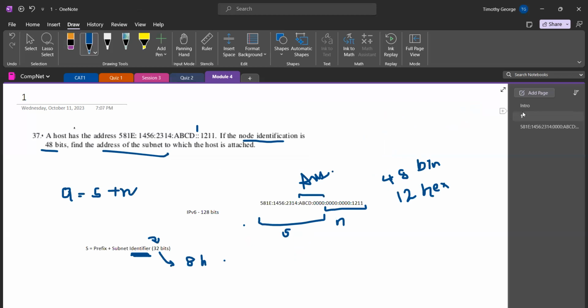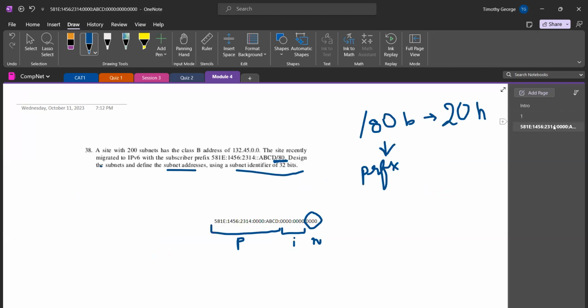So in the previous question we saw, you had the prefix part, the identifier part, and after that whatever is remaining is the node.